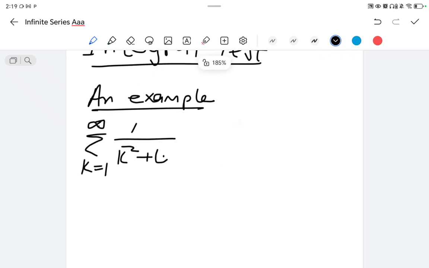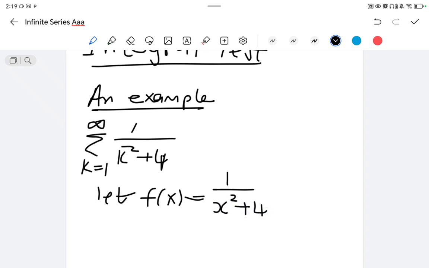If I'm given this, I'm going to let f of x be equal to 1 over x squared plus 4. You see, right?